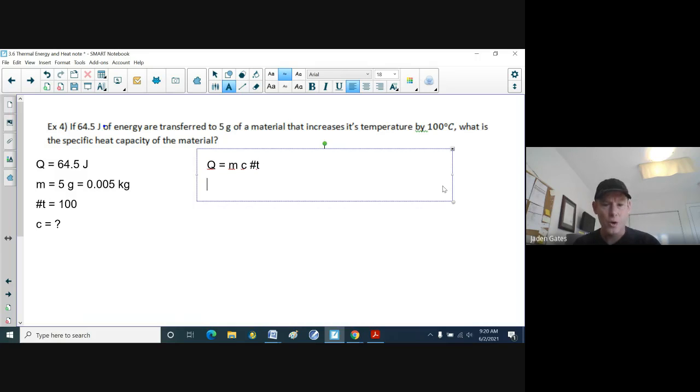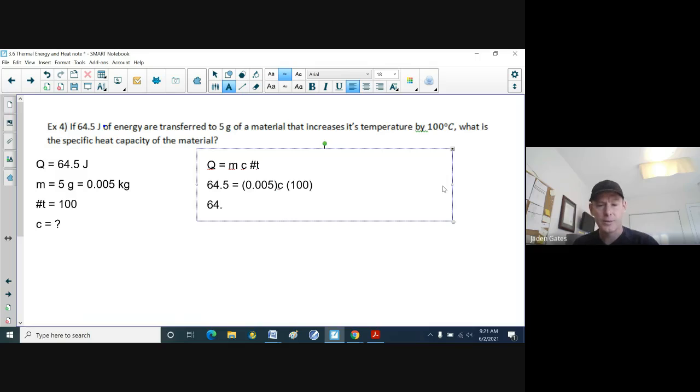Once again, we know our Q, 64.5 joules. Our mass, really small this time out, 0.005 kilograms. We don't know our C, but we do know our delta T, which is 100. Now simplifying things. Left side of my equation is not going to change.